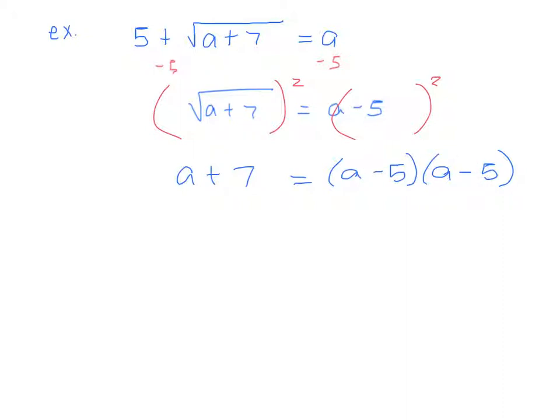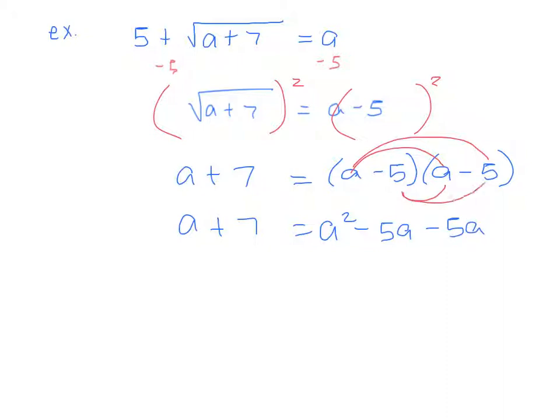So we get a plus 7 is equal to, first, a squared, outer, minus 5a, inner, minus 5a once again, and last, plus 25. So we have a plus 7 is equal to a squared minus 10a plus 25.